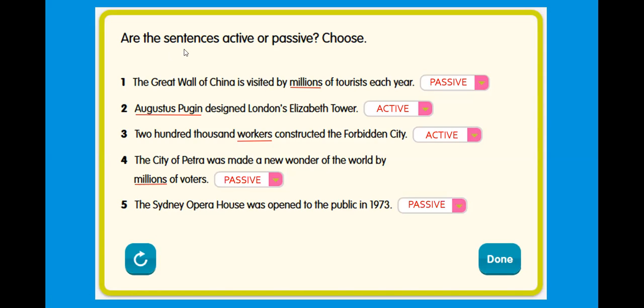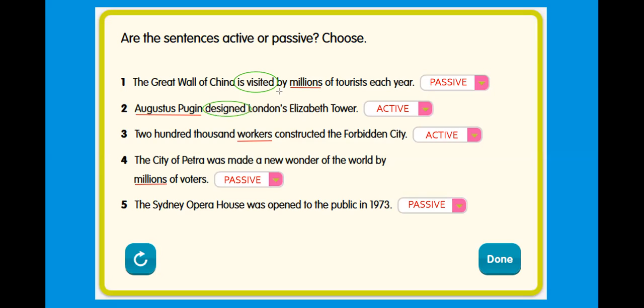Okay, another way that we can distinguish if what we have is active voice or passive voice is looking at the verb. With the structure, we can always tell by the structure. In sentence number one, we have is visited. We have the verb be and past participle. That's passive voice. In number two, we have the verb designed.